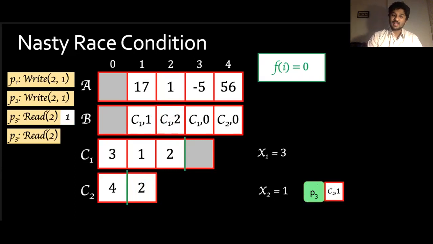Thereby, it computes f of 2 instead of reading A2 and returns the value 0. The actual value of element 2 was initially 0 and became 1. However, P3 read it to be 1 and then 0. This run is thereby not linearizable.